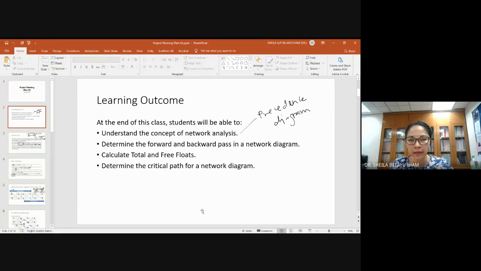I discussed in the previous recording the difference between them. Activity on node is much more flexible, with different relationships. You can allow for lag to occur, for example FS2, so you allow lag and so on.